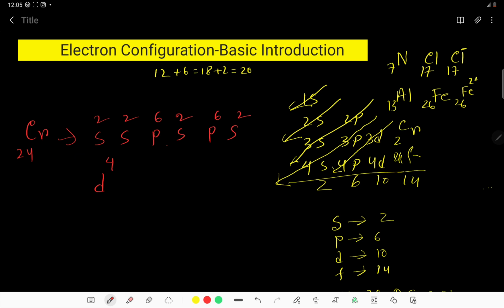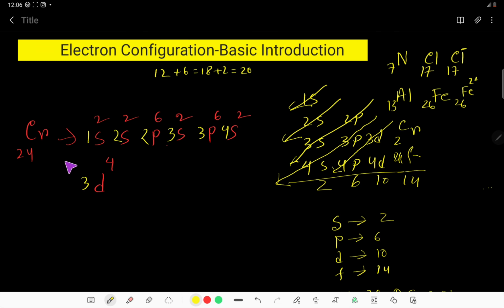So let us number these sublevels. s starts with 1s, 2s, 3s, 4s, right? p sublevel starts with the second energy level, 2p, 3p, right? And the d sublevel starts from the third energy level, 3d.